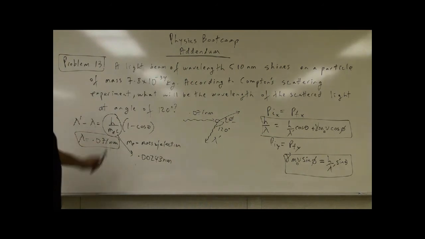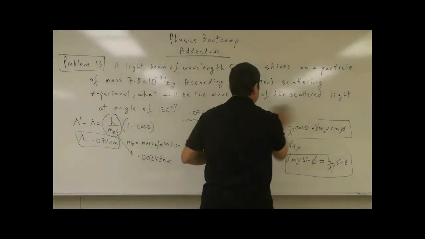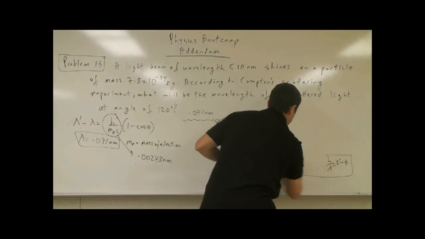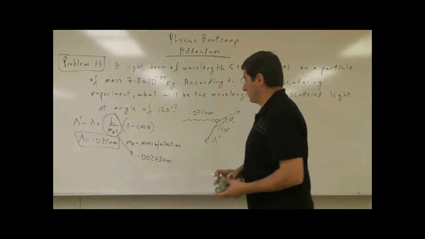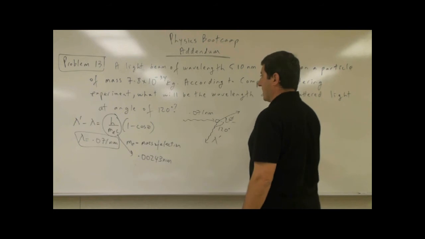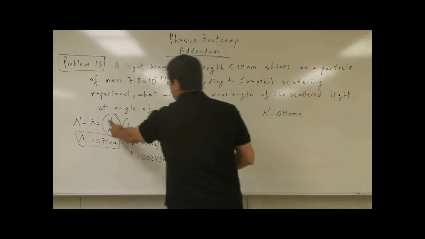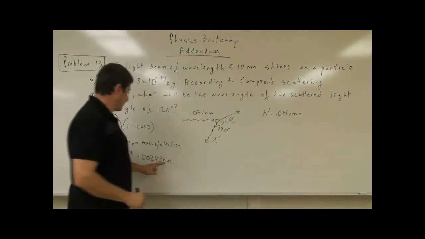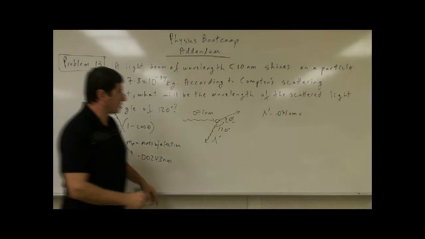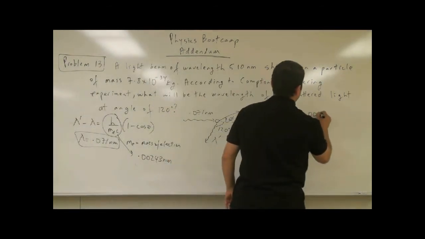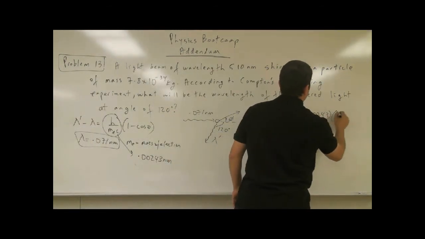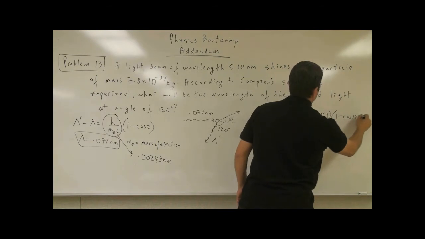Well, what we would have done is say lambda prime minus 0.071 nanometer is equal to 0.00243, given in nanometers, times 1 minus cosine of 120.